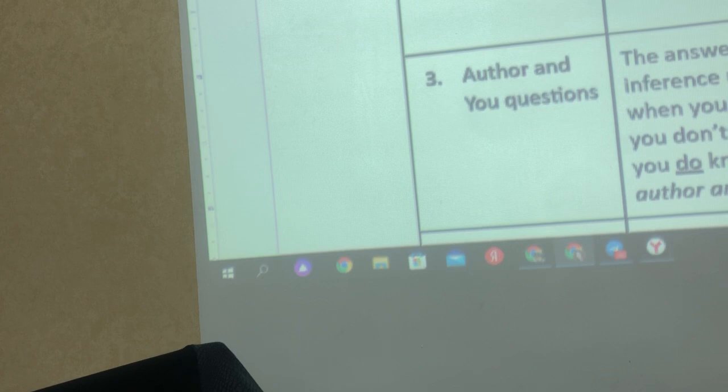All right, the next one, think and search questions. Exactly. The answer is in the text, but you have to think and search different parts of the text. So it's a little bit harder, yes? The questions are like summarize, compare and contrast. How did this happen?